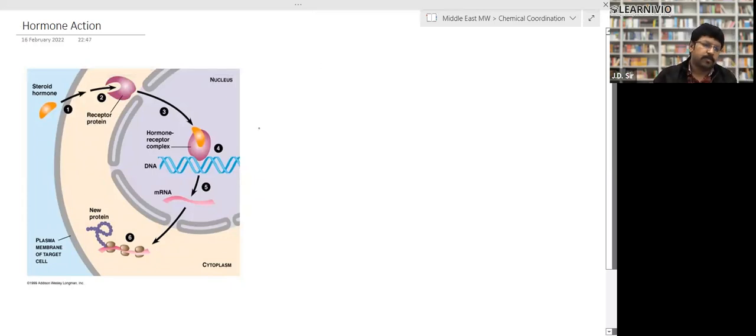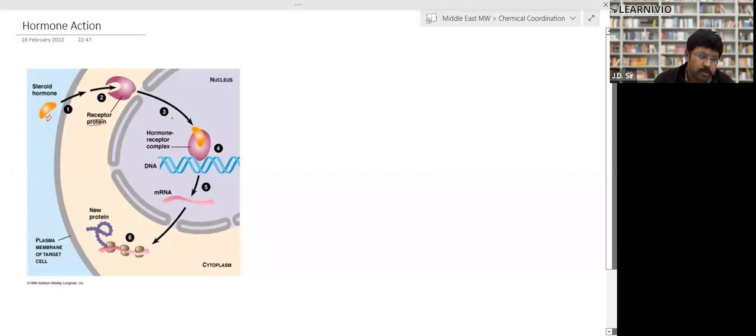Suppose this diagram represents the function of a steroid hormone. These hormones reach a particular cell, and when they reach the plasma membrane, the hormone molecules are recognized by a receptor protein. The receptor protein recognizes them and takes them inside. When they take them inside, they reach the nucleus through the nuclear pore.